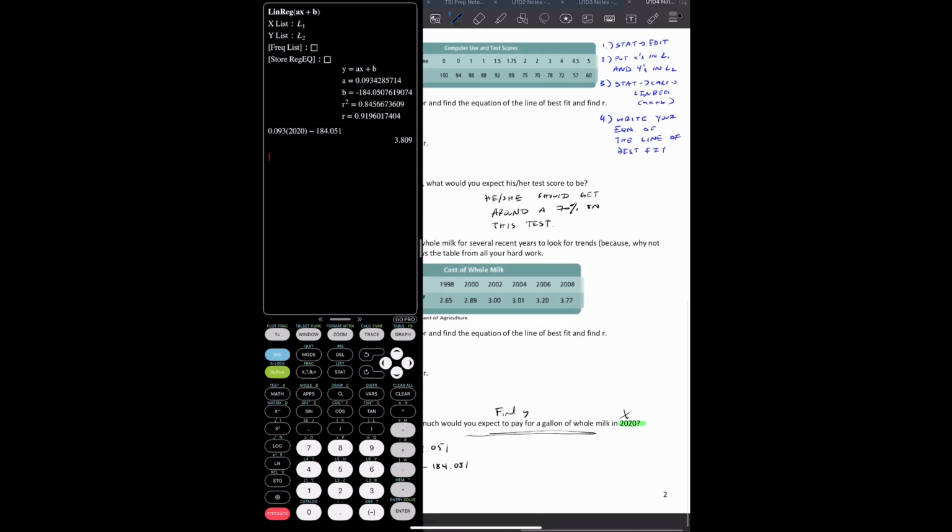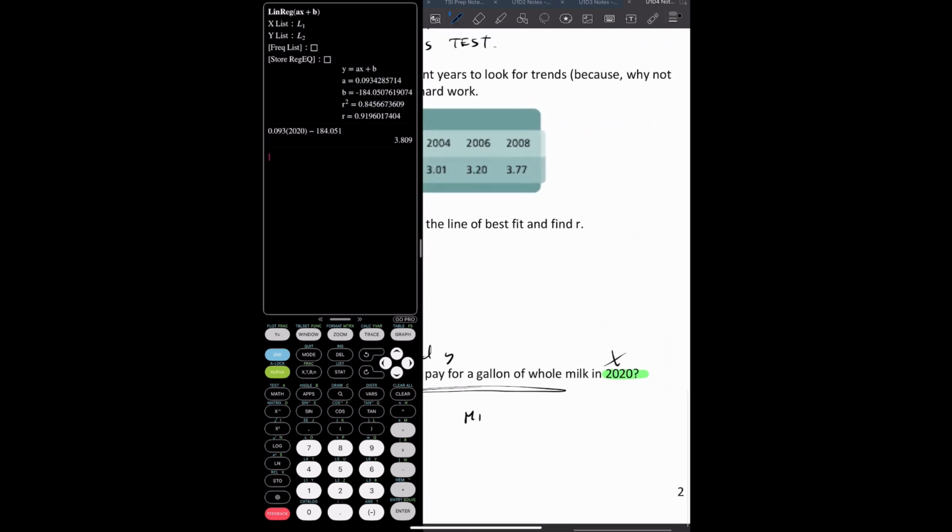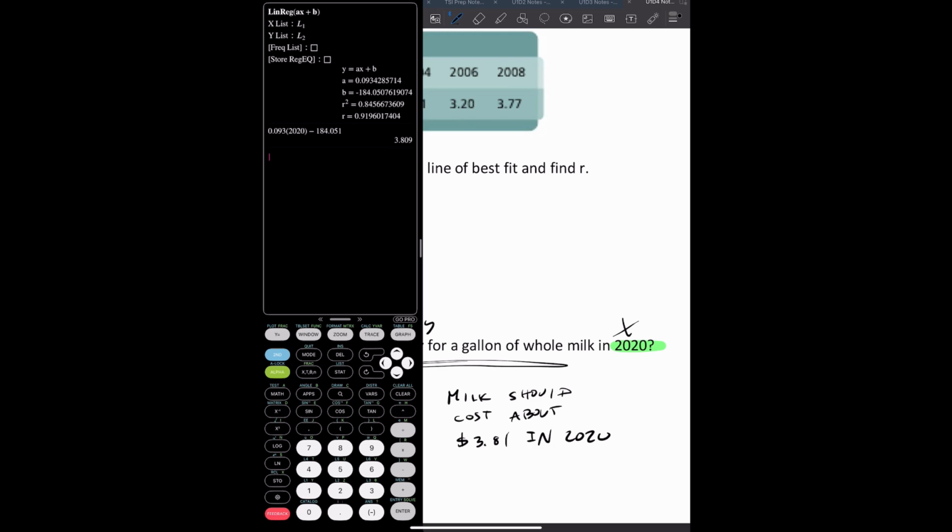So that means the milk should cost about $3.81, right? Because we don't say $3.809, right? We round that to 2 decimal places here. So $3.81 in 2020. So the milk should cost about $3.81 in 2020.